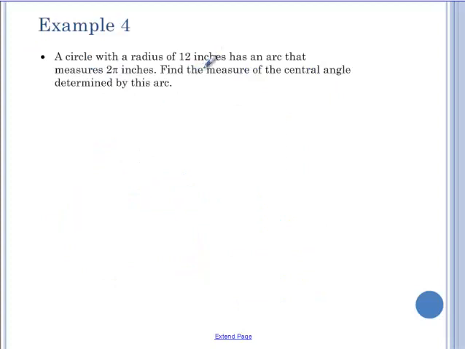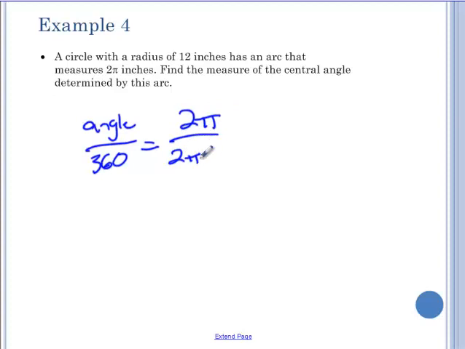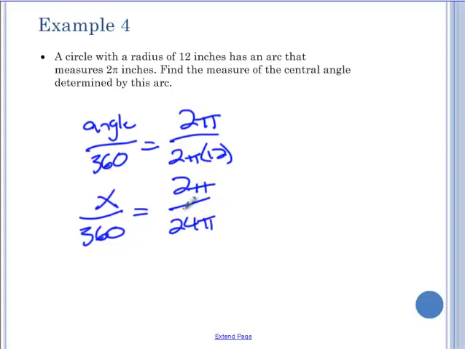The circle's got a radius of 12. An arc measures 2 pi inches. Find the measure of the angle. So we want angle over 360 equals arc length over 2 pi r. Now, for the angle I'm just going to replace it with x. x over 360 equals 2 pi over 24 pi.